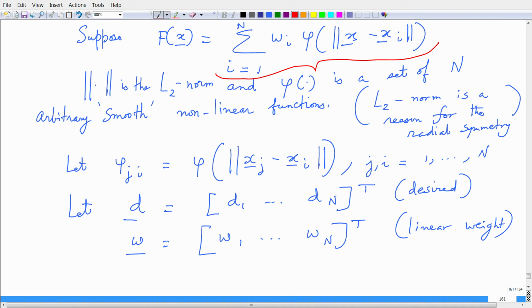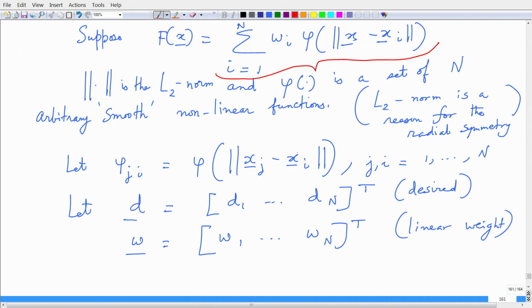Therefore, we call them radial basis functions. The Gaussian is an example of the radial basis function.